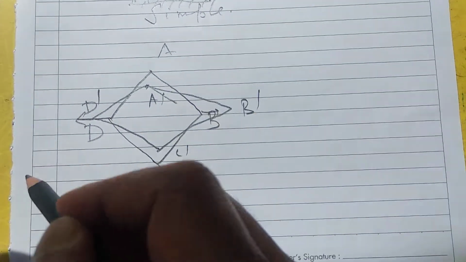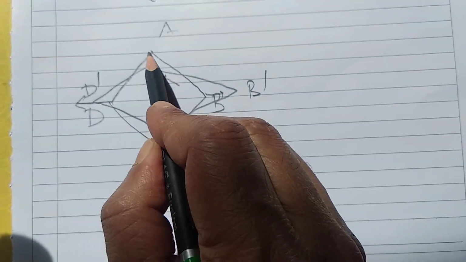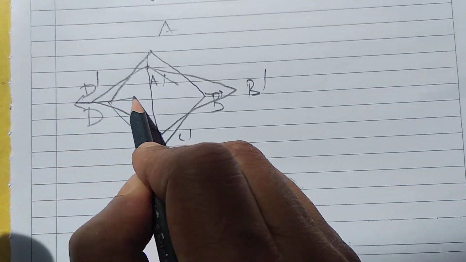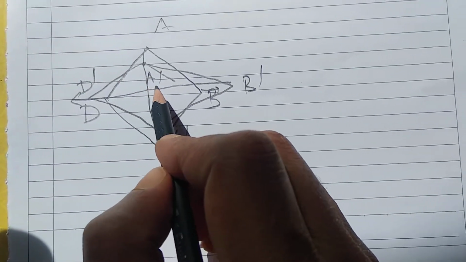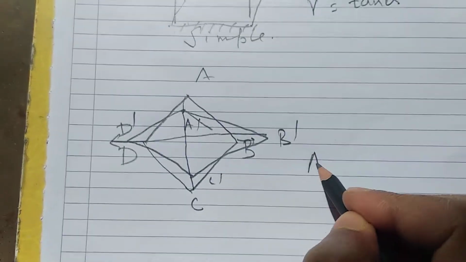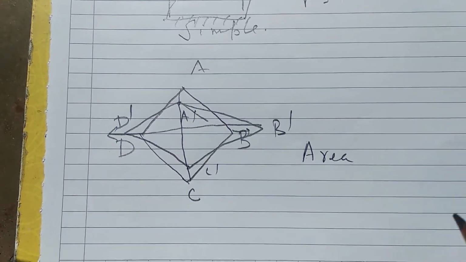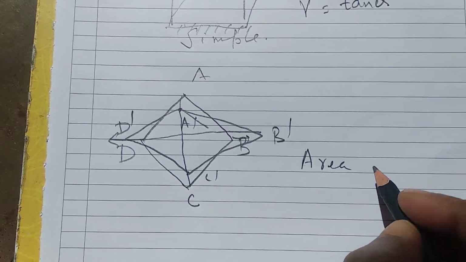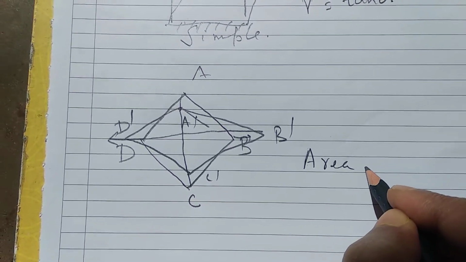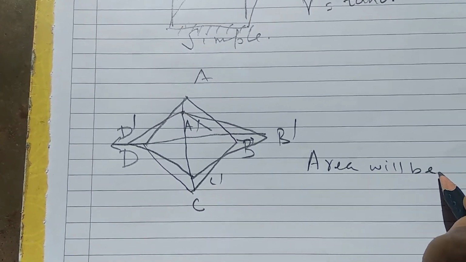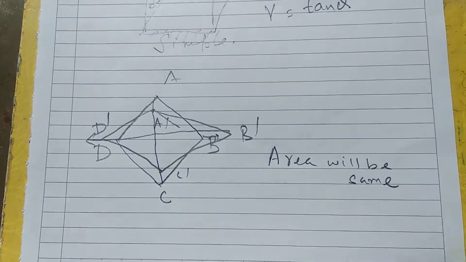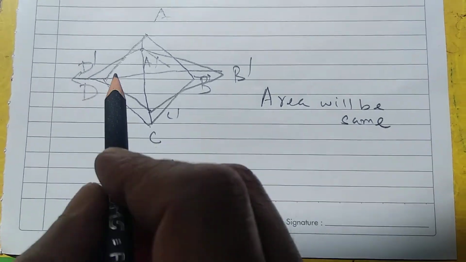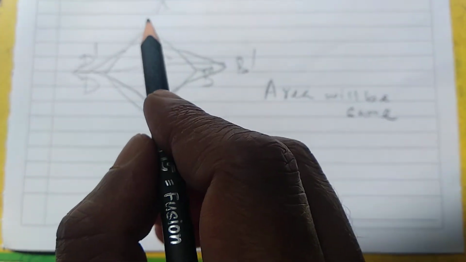So what happens if this occurs? The principal direction, the angle, remains the same, and the area will be the same, right? In pure shear, the area of the original dimension and the area of the deformed mass will be the same.